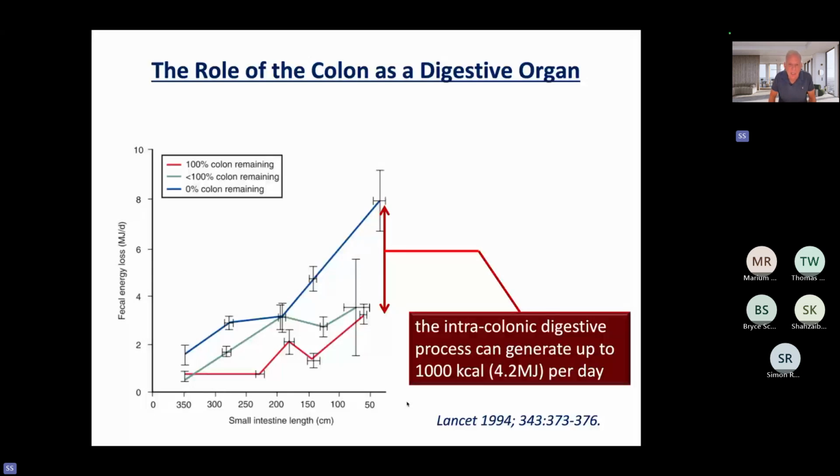As you can see, the difference between no colon remaining and all the colon intact is a significant value in terms of fecal energy loss. And so up to 1,000 kilocalories can be salvaged per day in an intact colon.